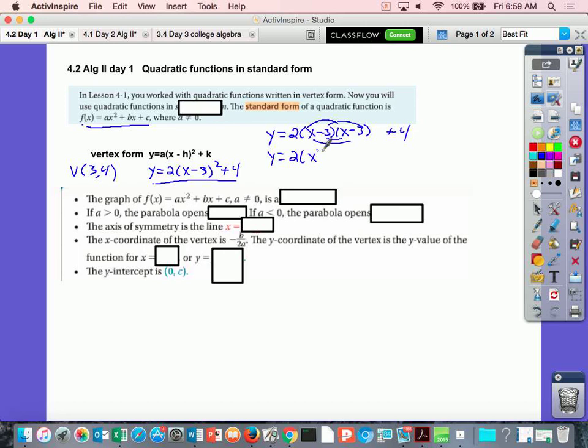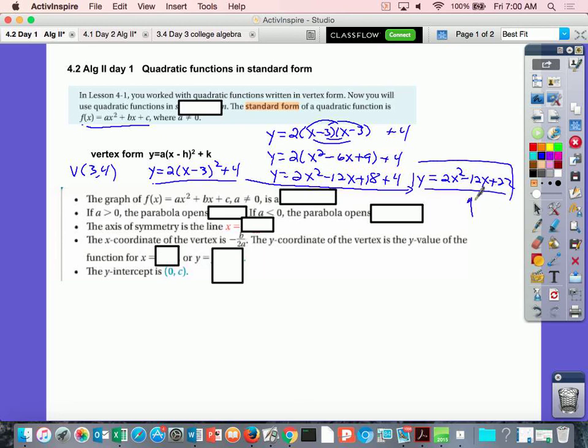And that would be x squared minus 3x, minus 3x is minus 6x, insides and outsides. So this equation here in standard form is y equals 2x squared minus 12x plus 22.